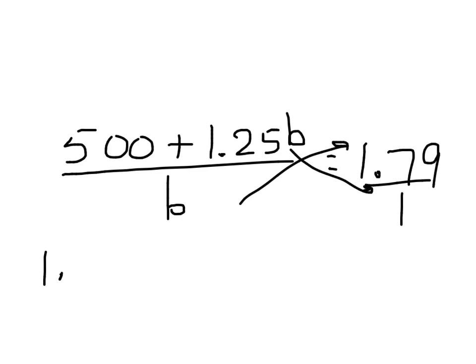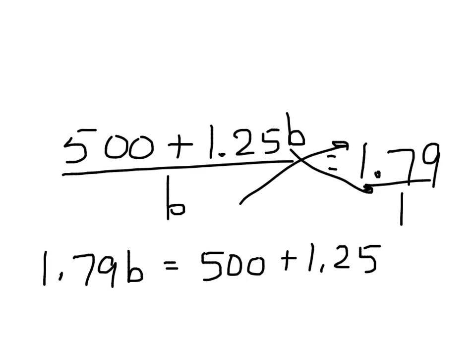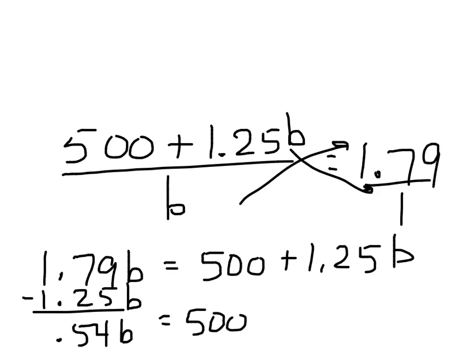So I get 1.79b equals 500 plus 1.25b. How do I solve for b? If I subtract $1.25 out of $1.79, what do I get? 0.54.